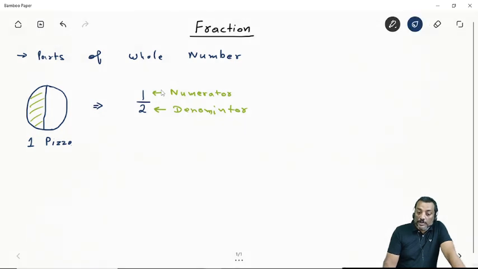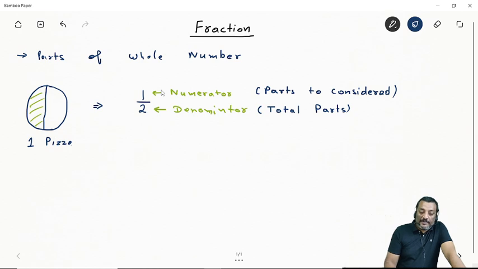Denominator means the total parts into which we have divided a whole number. Okay, and numerator means the parts we are considering, the parts to be considered. Okay, so here this is 1 over 2.